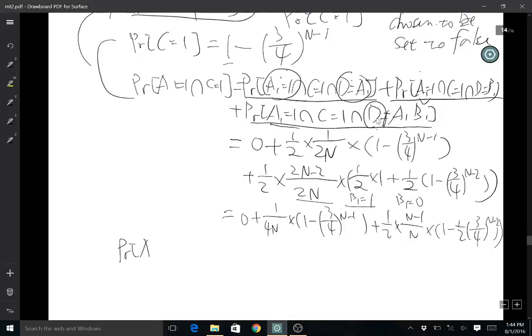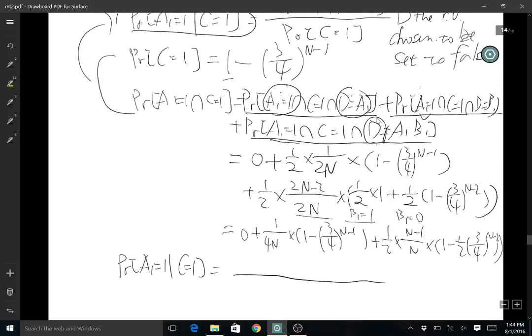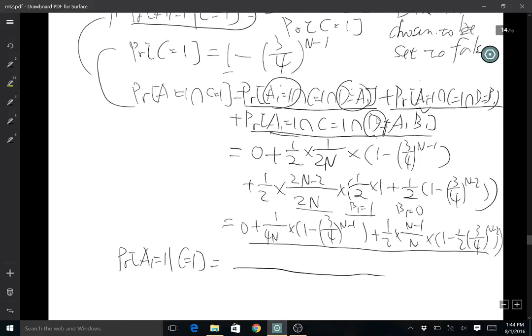We have the probability of A1 equal to true given C equal to true is equal to, okay, this whole thing is the numerator, and becomes 1 over 4n times 1 minus 3 over 4 to the power of n minus 1 plus 2n minus 1 times 1 minus a half times 3 over 4 to the power of n minus 2.